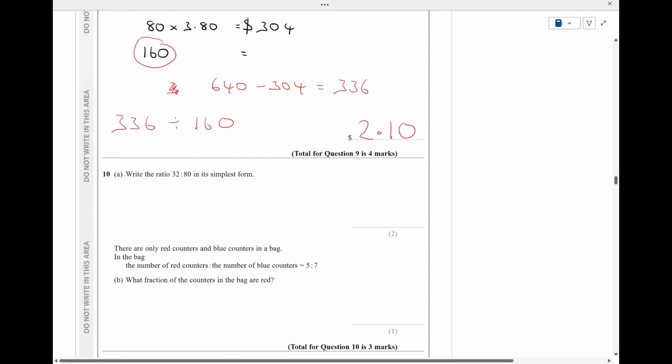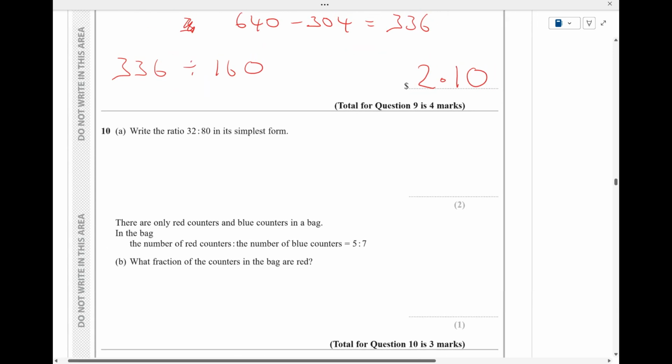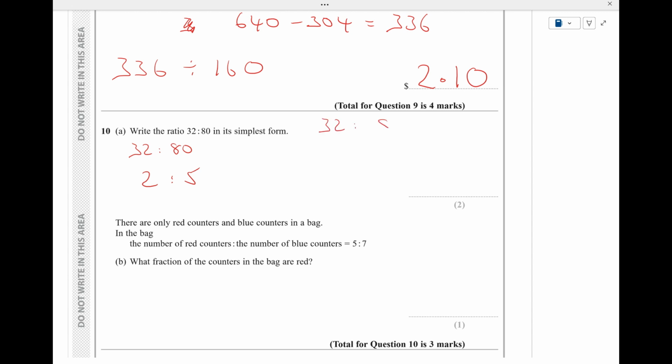Number 10. Write the ratio 32 to 80 in its smallest form. Now you can cheat a bit with your calculator. If you do 32 over 80 and press equals, it will cancel it down for you to 2/5. But what they really want you to appreciate is that you can divide each of these numbers like you cancel a fraction.